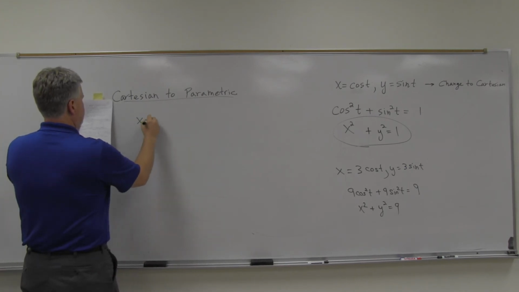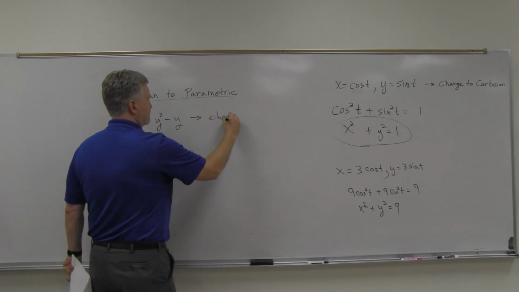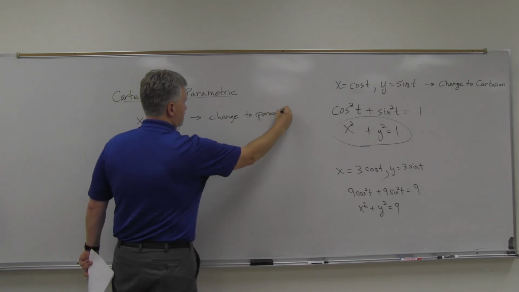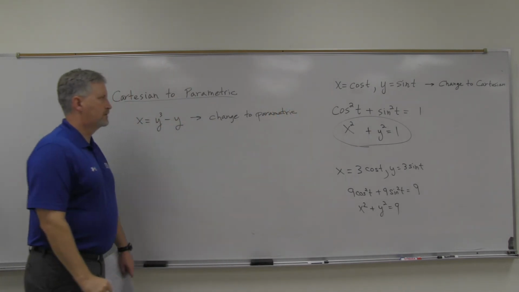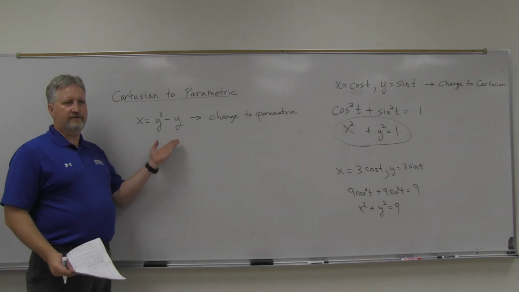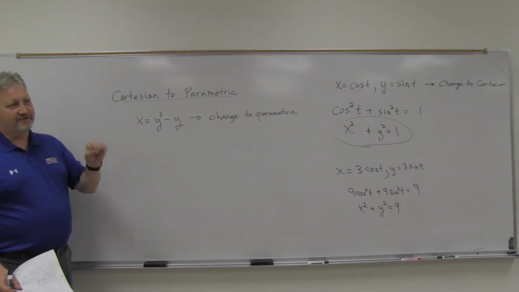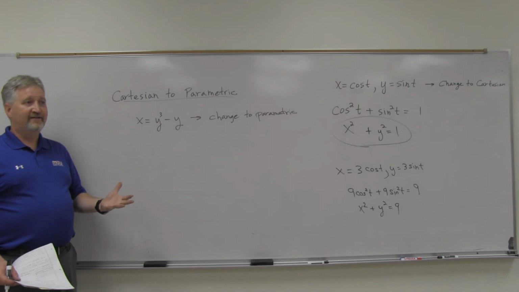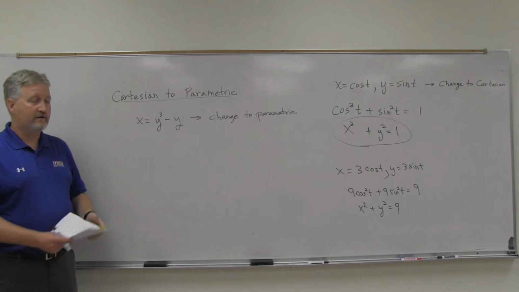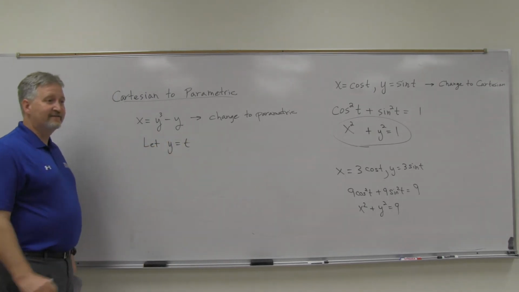If I've got x equals y cubed minus y, and I want to change that to parametric. Well, here I've got x in terms of a y function. If you've got x in terms of a y function, you're just going to let y be equal to t. If x is in terms of y, let's just let y equals t.